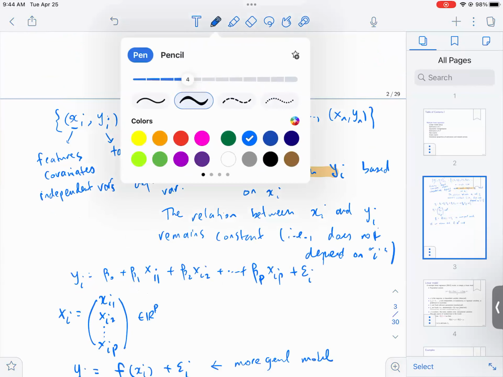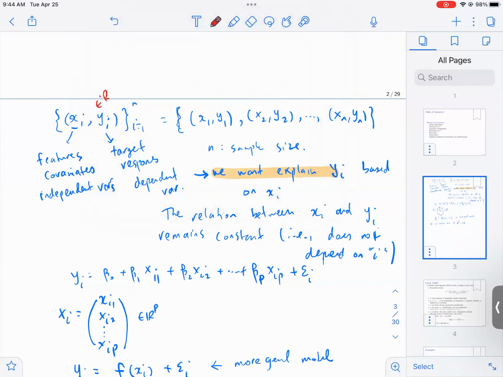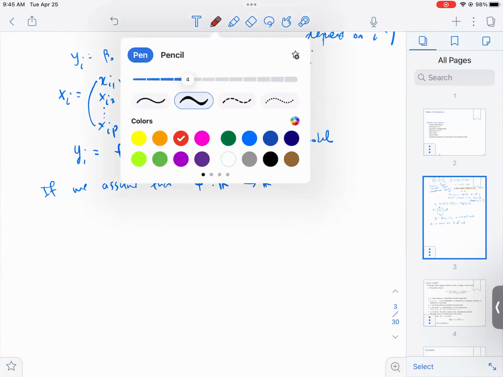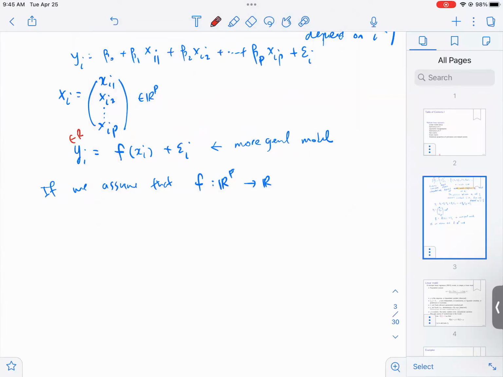So I'm going to assume that this is in R, this is in Rp. So f maps from Rp to R.